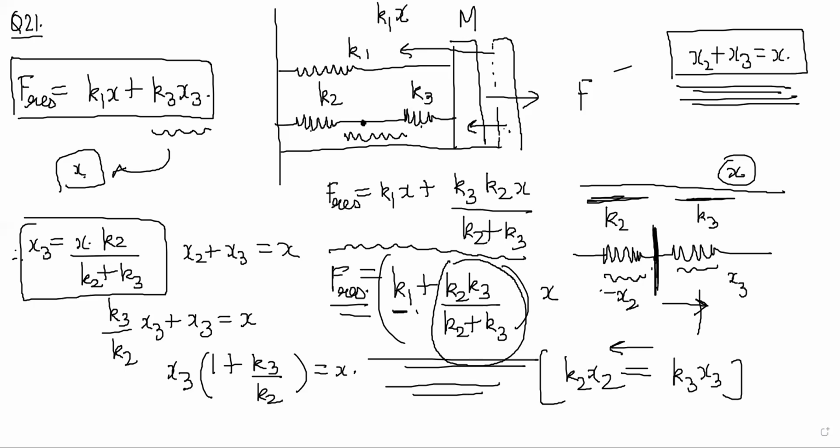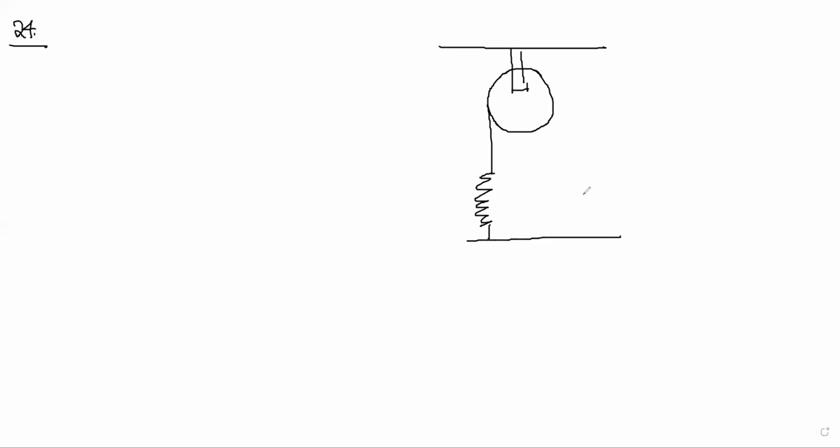The 24th one is, there's a pulley, there's a spring and a mass M, K, and the pulley has a moment of inertia I. I is the moment of inertia of the pulley. The string does not slip over it.